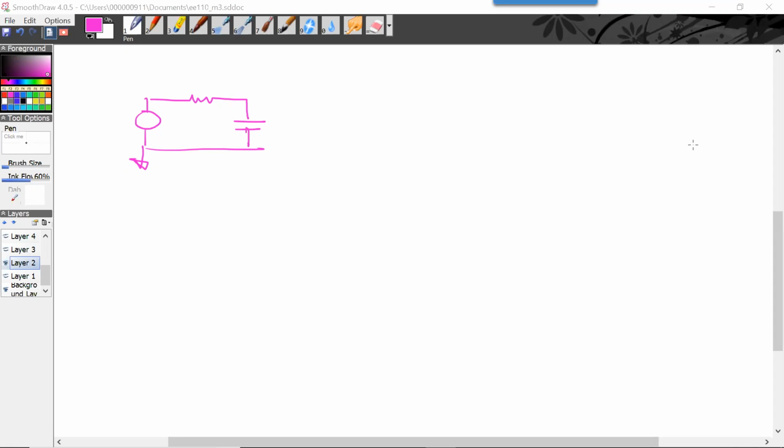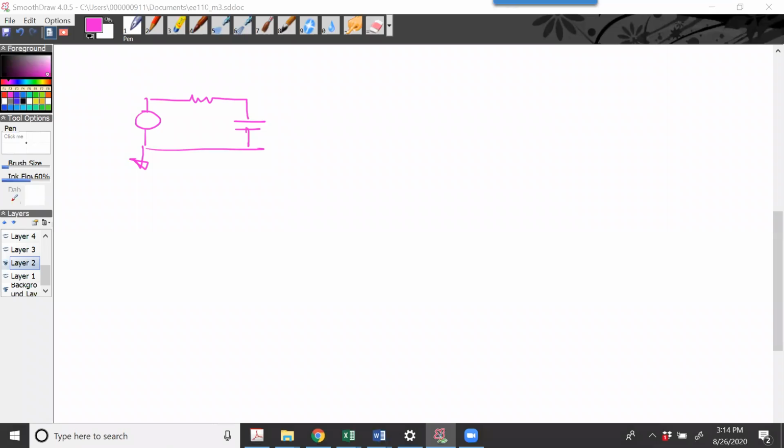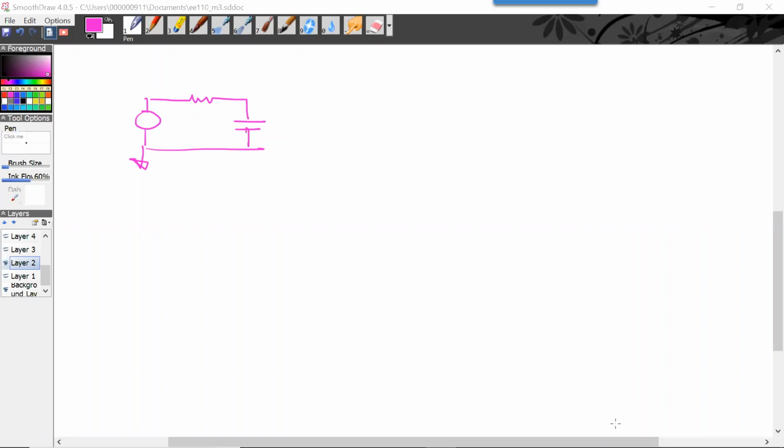Because if the chat box, or actually, I might be able to put the chat box somewhere else. Ah, okay. All right, I was able to put the chat box onto another screen.